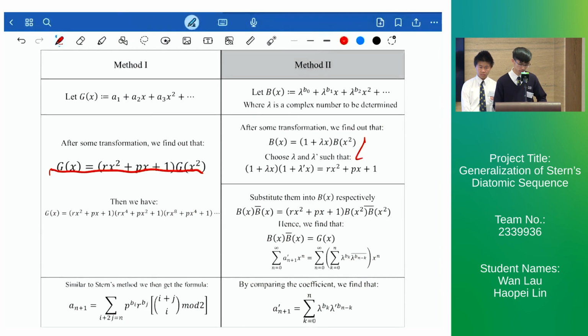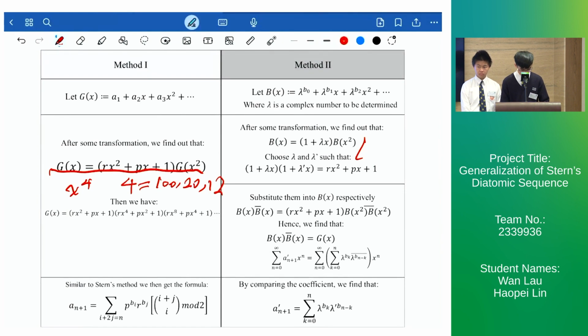For example, if we want to find the coefficient of x to the power 4, and because 4 is equal to 100, 20, and 12 in hyperbinary, these are the guidelines that tell us how to expand this infinite product.